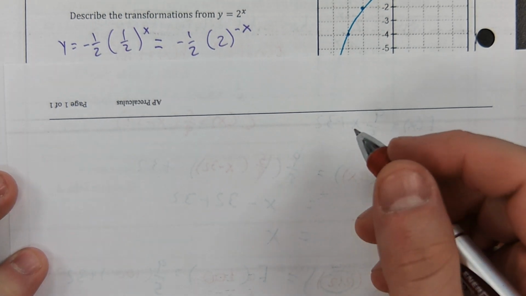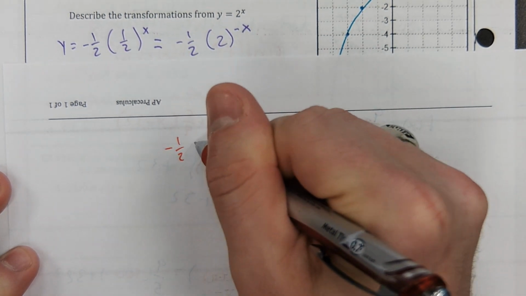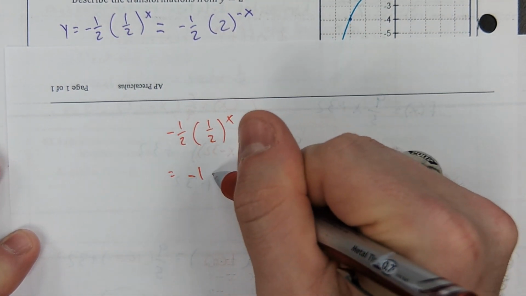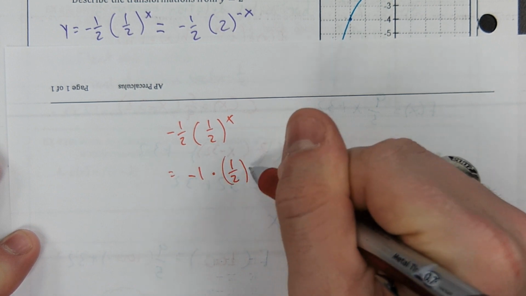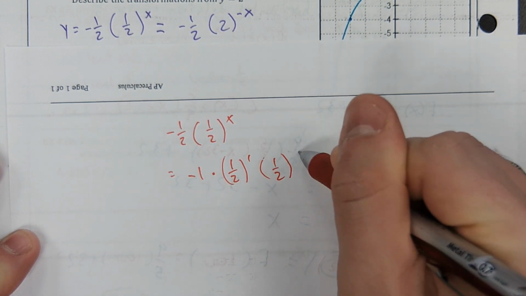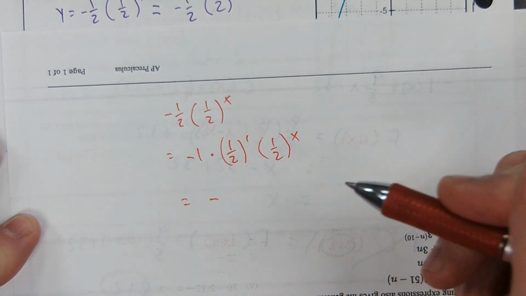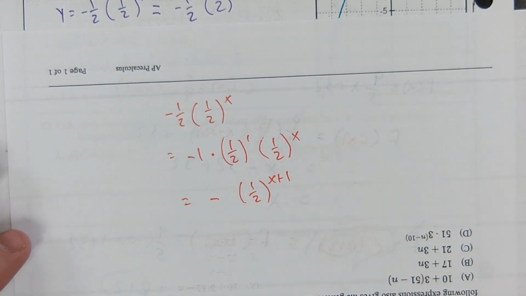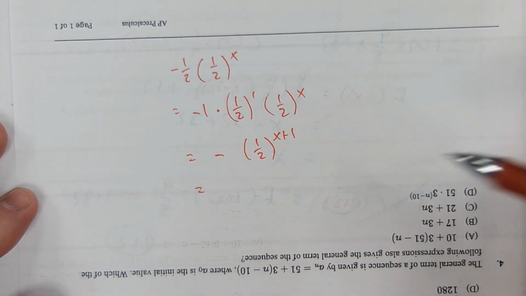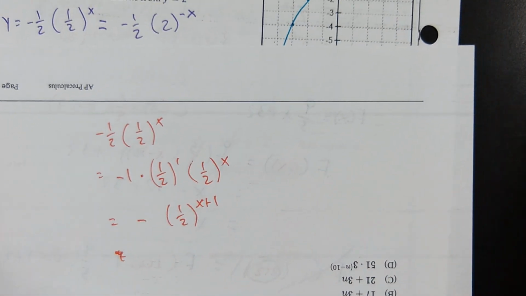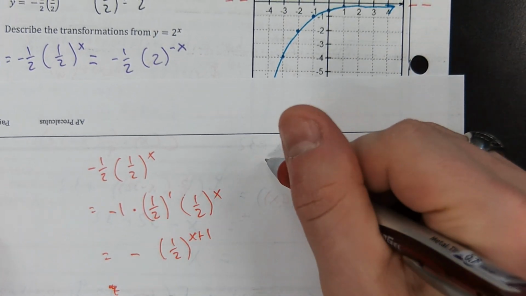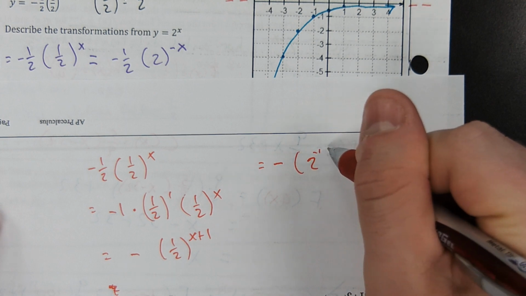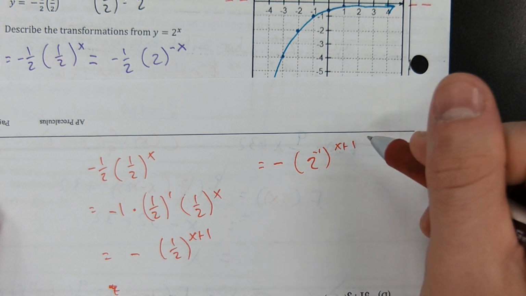And we could have done that from the beginning. We could have said negative 1/2 to the x. We could have said that this was negative 1 times 1/2 to the 1 times 1/2 to the x, which would be negative 1/2 to the x plus 1, which is negative 2 to the negative 1 to the x plus 1.